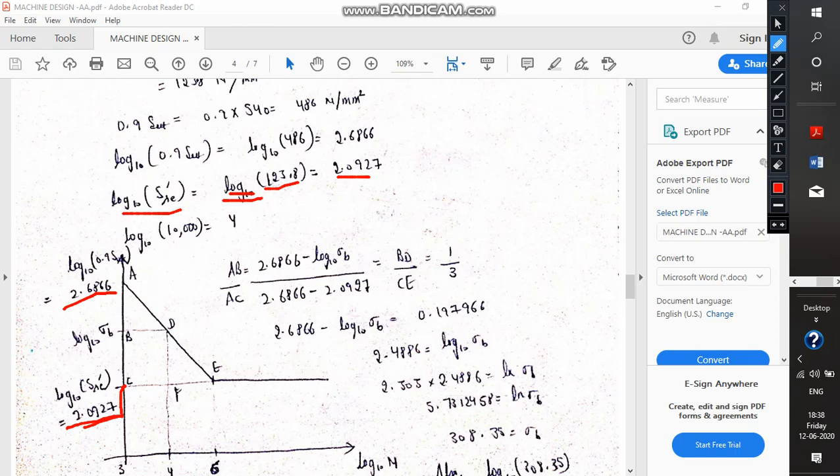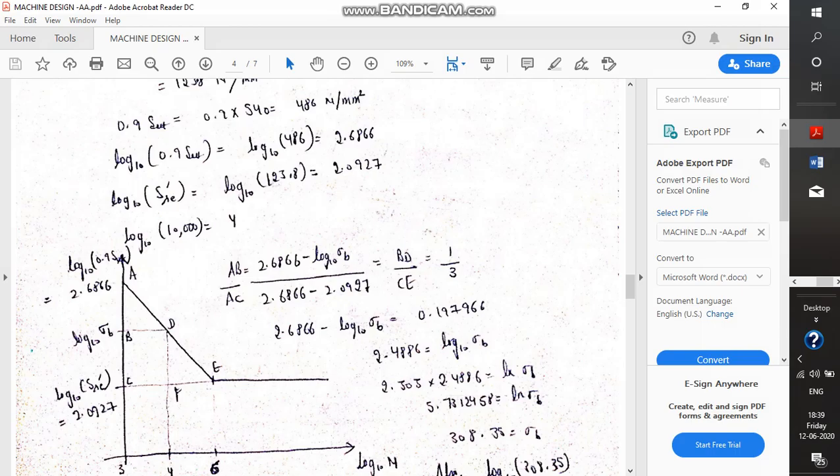Now we also know the value corresponding to the point E on the x-axis. What is the x-axis? It is a plot of log to the base 10 of the number of cycles, that is log to the base 10 of N, capital N. It is 6 corresponding to the point E, and it is 3 corresponding to the point C. So it starts from 3, 4, 5, 6 like this.